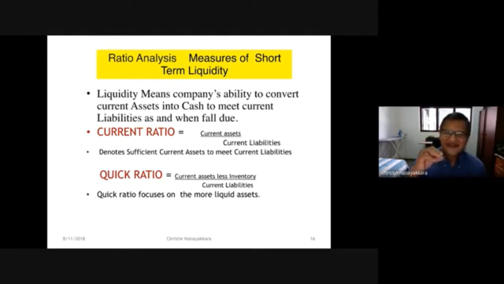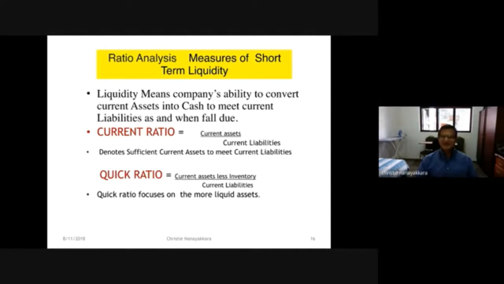Liquidity means the company's ability to convert current assets into cash to meet current liabilities as and when they fall due. You need to understand this definition. Either you must have cash to pay your liabilities, or you must have current assets, debtors which can be realized in a short period, stocks which can be sold in a short period, or some investments in other areas which you can realize immediately to meet current liability.